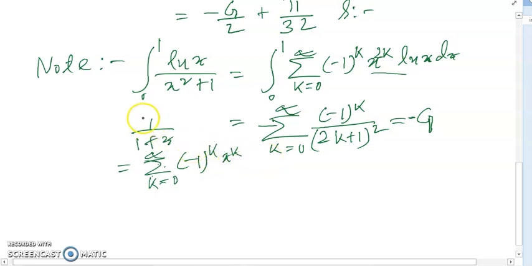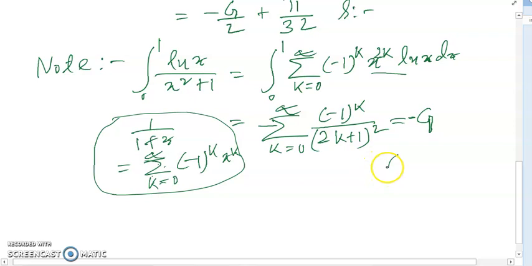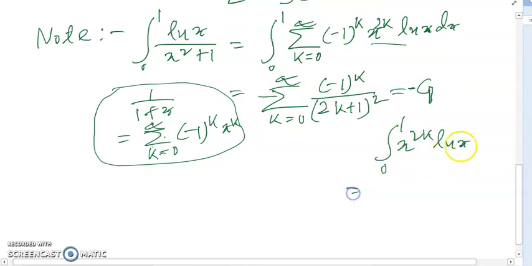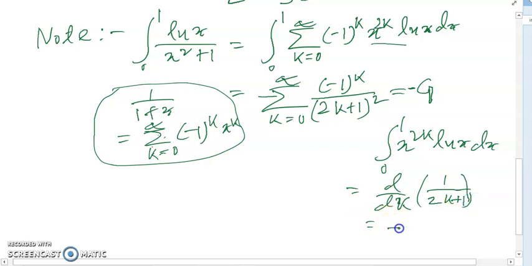This is the formula. This formula I must remember, 0 to 1 x to the power 2k ln x, ln x dx, derivative 1 by 2k plus 1, so it is minus 1 by 2k plus 1 whole square.